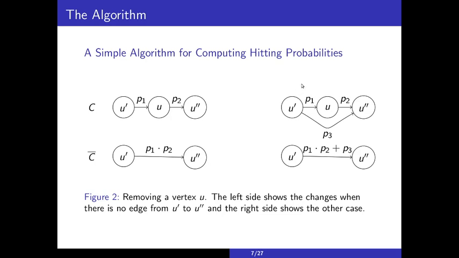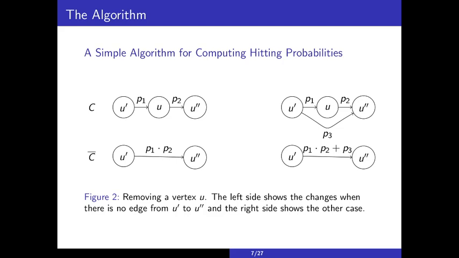In the second case, where there is already an edge from U prime to U double prime, we can simply remove U and add the probability P1 multiplied by P2 to the already existing probability P3 from the already existing edge from U prime to U double prime. So, in the end, we would have removed U and we would have fixed this probability by adding P1 times P2.